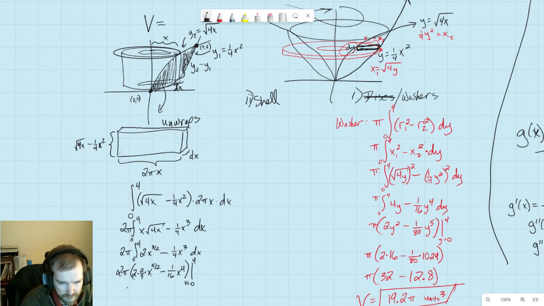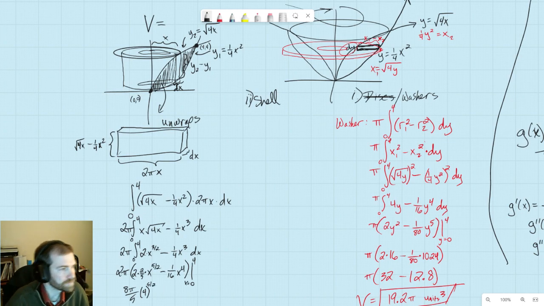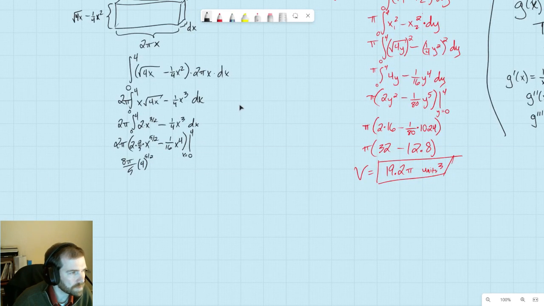So this can be 8 pi over 5 times 4 to the 5 halves, minus 1/16 times 4 to the 4th. That's 16 squared, so it's going to be subtracted 16. It's not too bad.